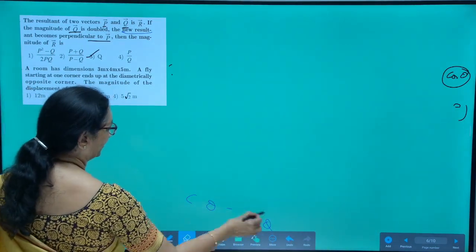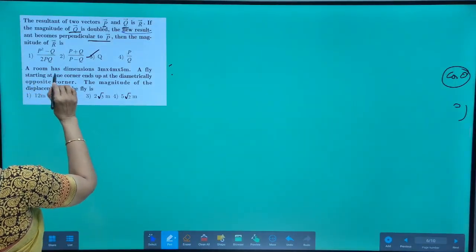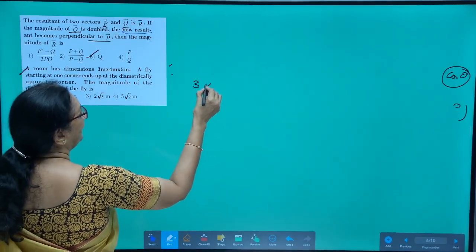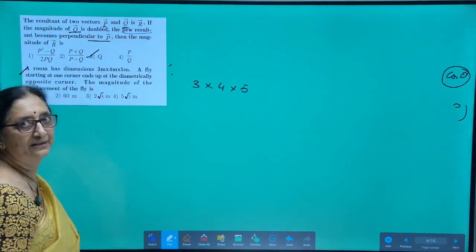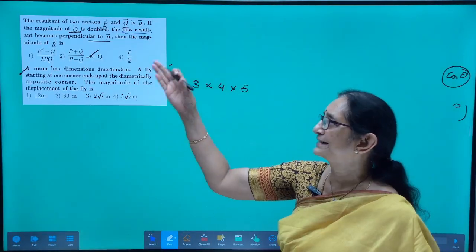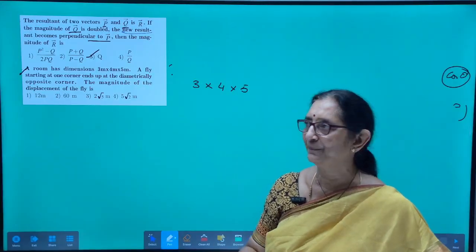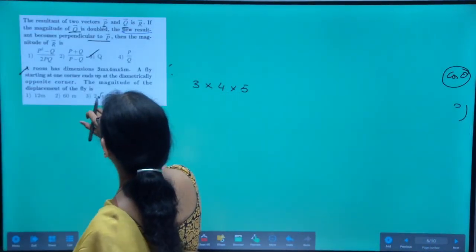Now go to the next problem. Look here. A room has dimensions 3 meters into 4 meters into 5 meters. Along the x-axis length is 3 meters, along the y-axis length is 4 meters, along the z-axis length is 5 meters, right?